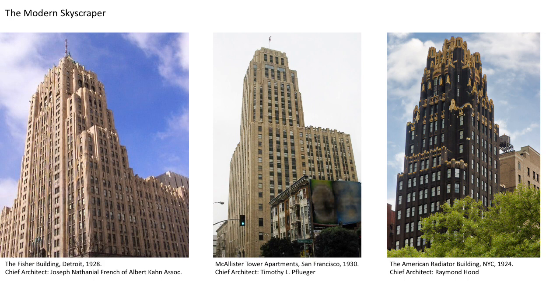The American Radiator Building, built in 1924, was one of the earlier skyscrapers. And it shows features of Gothic ornamentation, Gothic embellishment in those gold-toned caps on this deep purpley red brick building.